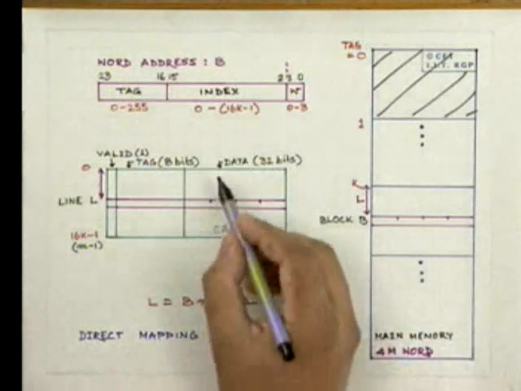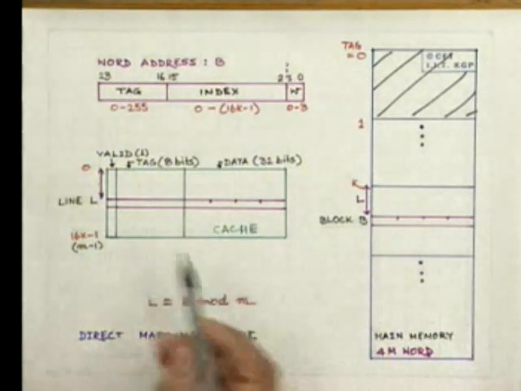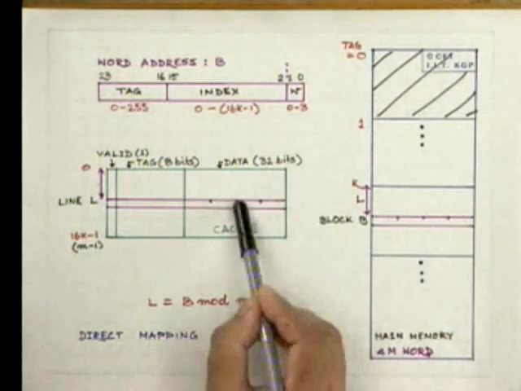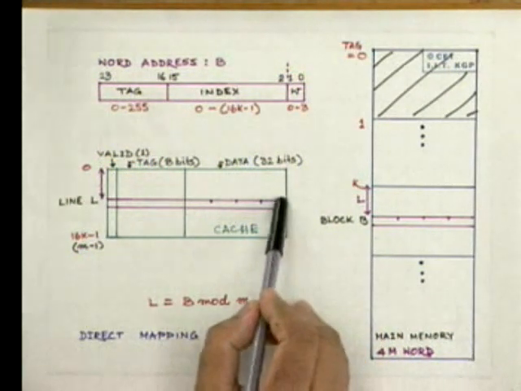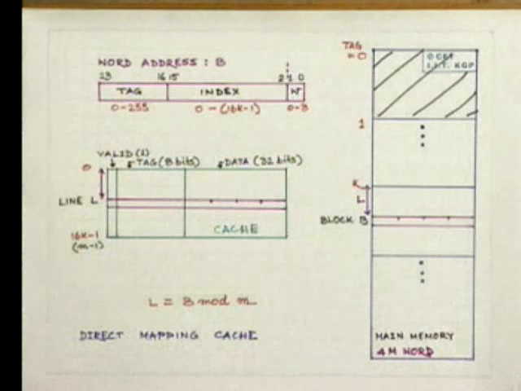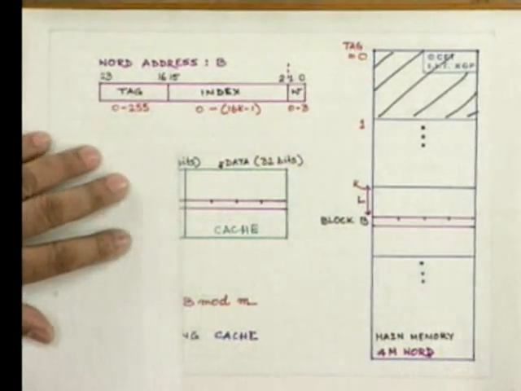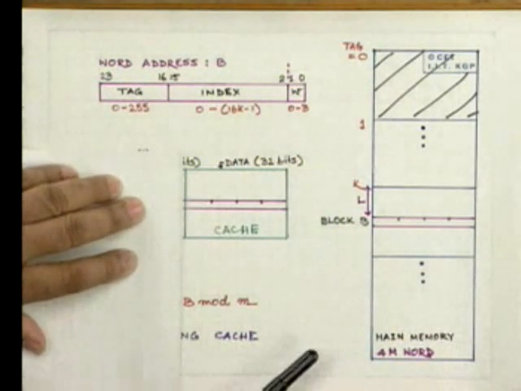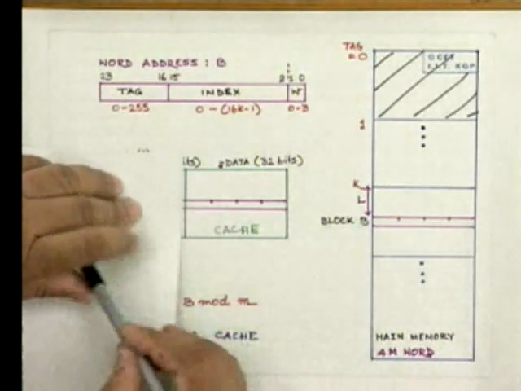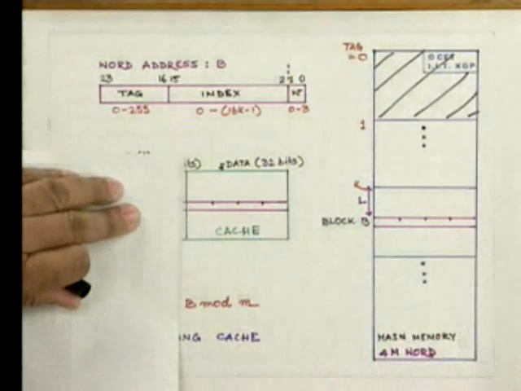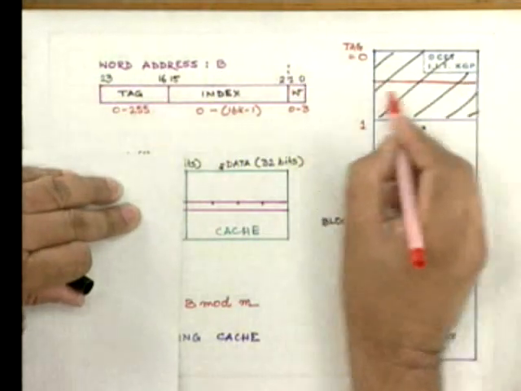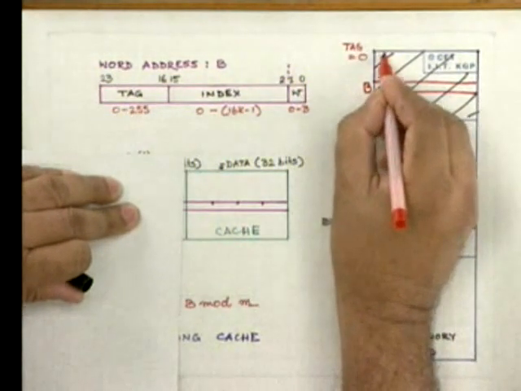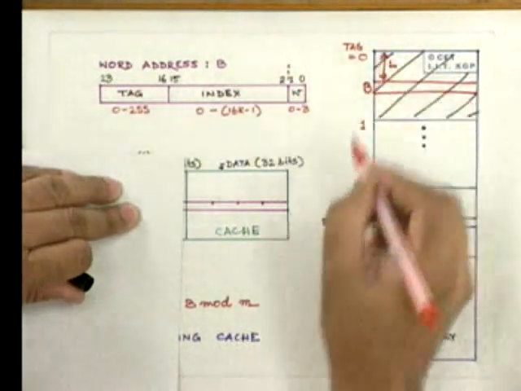Okay. Now with this mapping, let us see what we'll have to do. First thing is that, say if this block's content has been transferred in this cache here, right? Now you see, if this block's content is here, then there's no way of knowing that this content is of this particular block, or say this particular block, which is also at an offset L from the beginning of the 0th block.